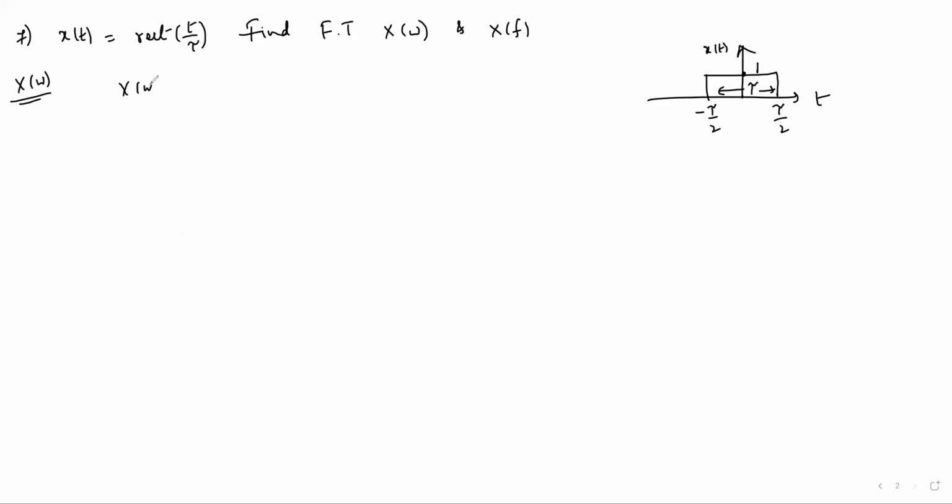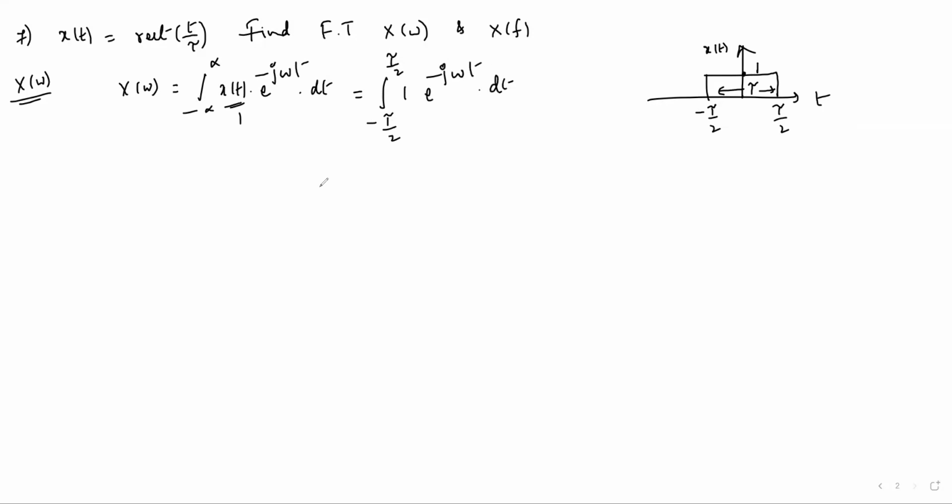Let us take the x of omega formula: integral minus infinity to plus infinity x of t multiplied by e to the power of minus j omega t dt. Substitute the value of x of t here: minus tau by 2 to plus tau by 2, x of t value is 1, multiplied by e to the power of minus j omega t dt.